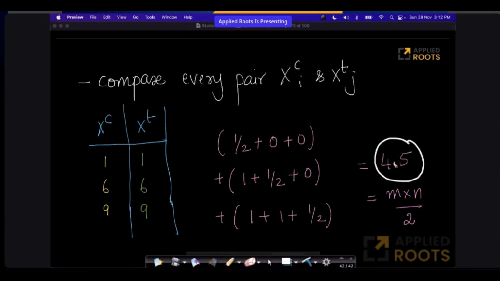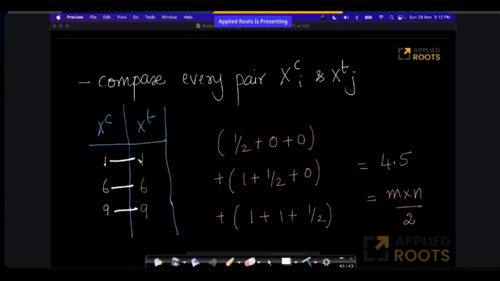And you can easily show that if you have n values here and m values here, and if the distribution is exactly the same, perfectly the same distribution, then the test statistic U that you will get is m times n by 2. Logical. You can easily argue that because when you compare this with this, you're going to get halves. Compared with everything else, it's going to be less.